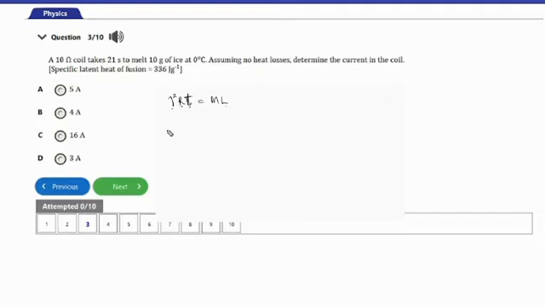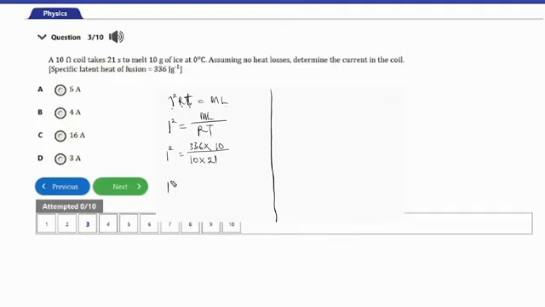In that case, if we make I squared the subject of this equation, we're going to have that I squared is equal to ml over RT. So ml is 336 times the 10 grams, that's 3360, over RT here, which is 10 times the 21 seconds, that's 210.